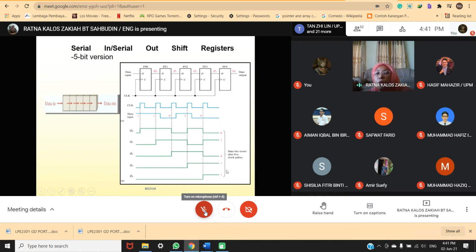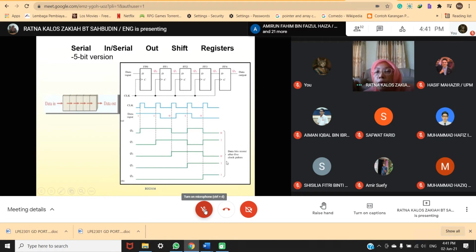So data bits are stored after 5 clock pulses. Look at the data just now: you have 1, 1, 0, 1, 0. So this is your data, 1, 1, 0, 1, 0.